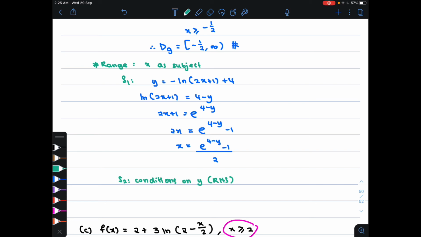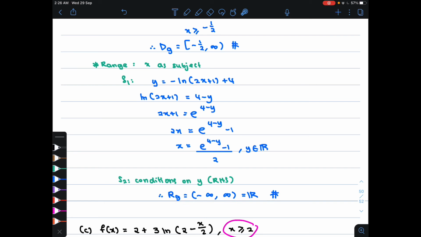And we need to find the conditions on y in the right hand side for step 2. So if you look at the right hand side here, we have exponent. So selalunya exponent ni dia tak ada apa-apa condition kat atas dia. So ini maksudnya y is an element of R. So from y an element of real number line, we can find the range which is Rg is from -infinity until infinity.